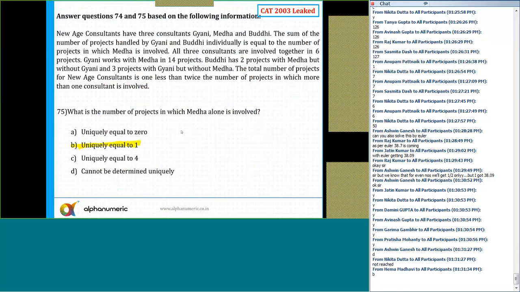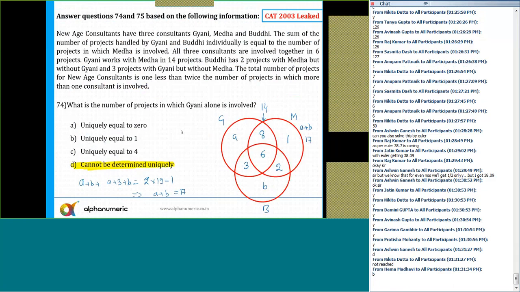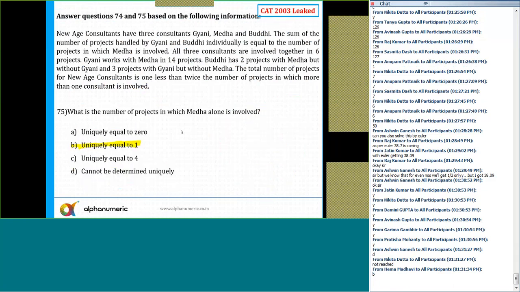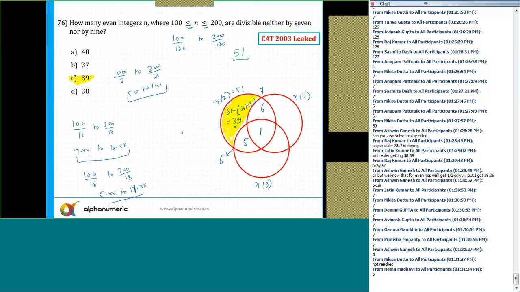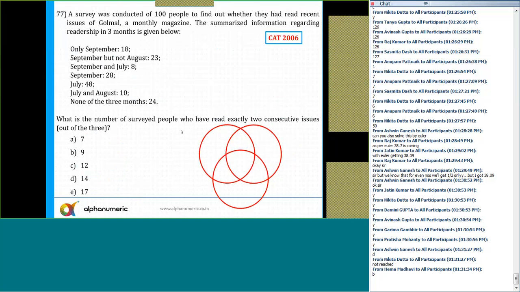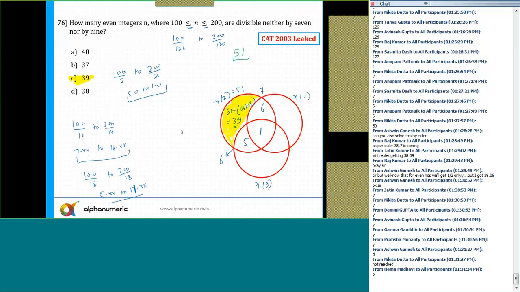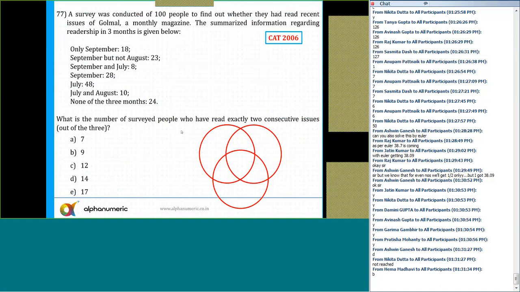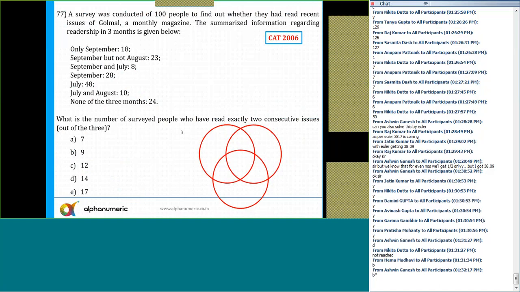Did I miss out one question? I think yes. There was one more question which I missed out and did not put here in the slides. Okay, not an issue. So try this, all of you.